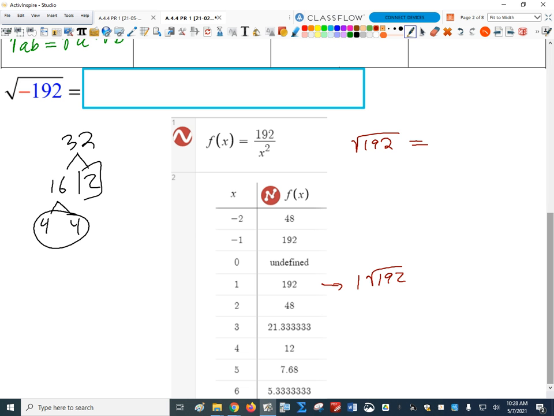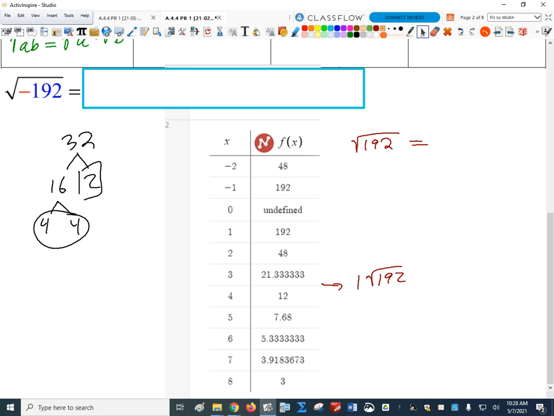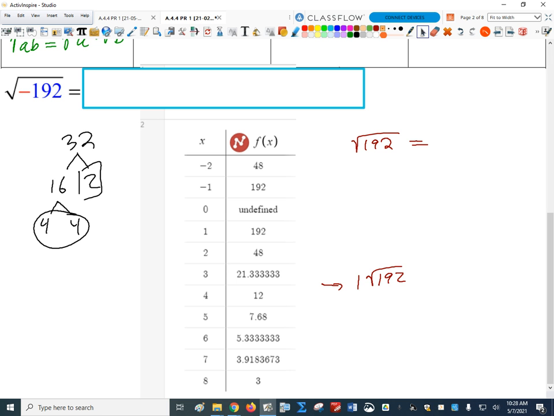But this row right here is telling me that it's equal to 2 outside times the square root of 48 inside.